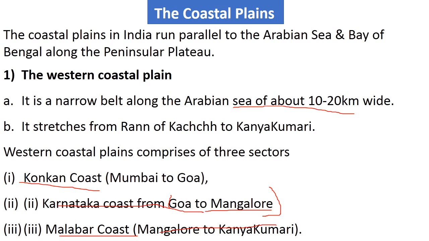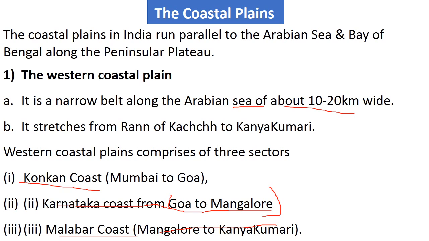The coastal plains in India run parallel to the Arabian Sea and Bay of Bengal along the peninsula plateau, meaning the coastal part of India. There is total flatness. Firstly, the western part of the coastal plain is a narrow belt along the Arabian Sea, about 10 to 20 km wide.